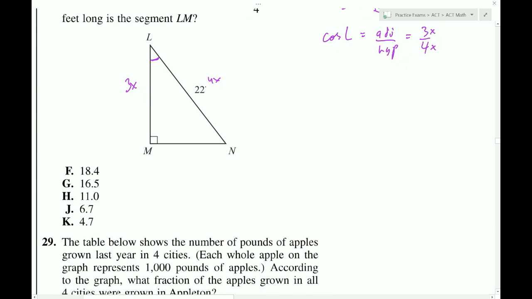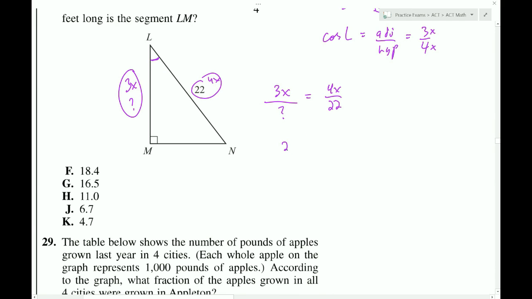Now we can set up a proportion to figure out what the length of this side might be. So 3x is to question mark as 4x is to 22, okay? And so we can cross multiply this and solve for question mark.